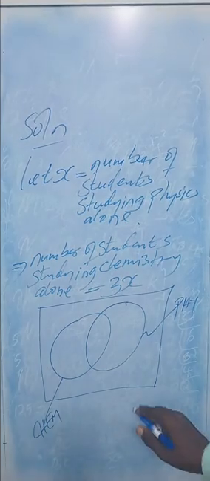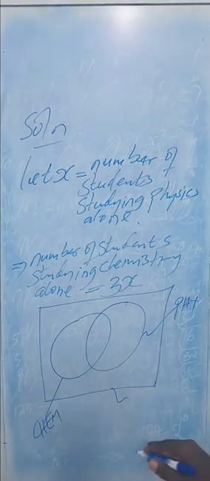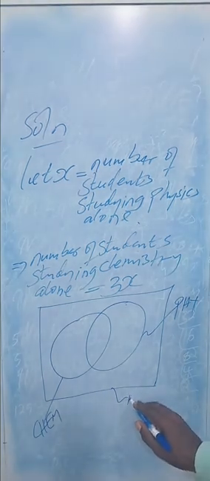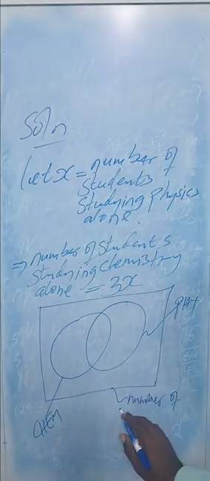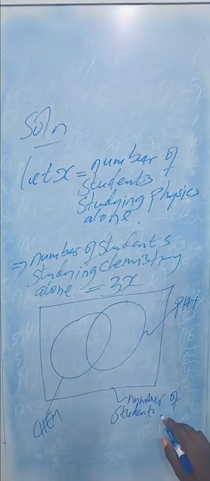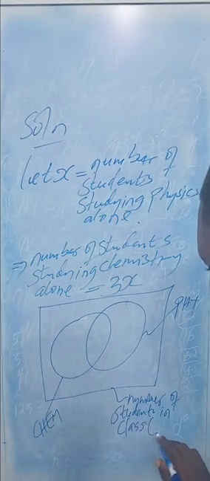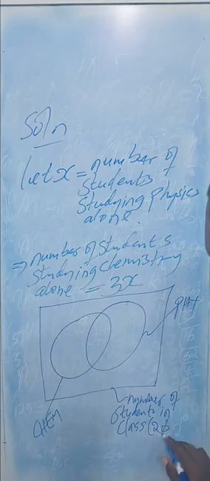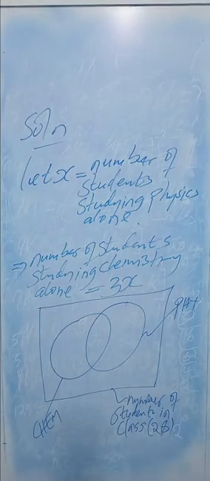Then the whole of this rectangle represents the number of students in the class. How many are they? There are 28 students.